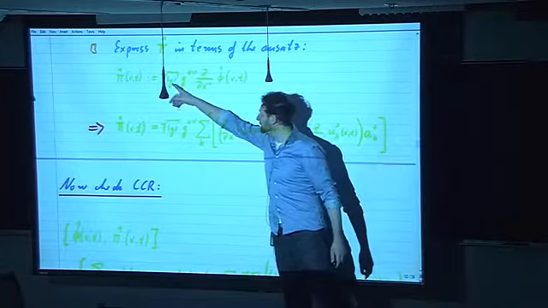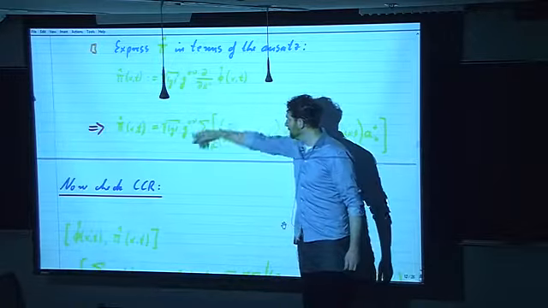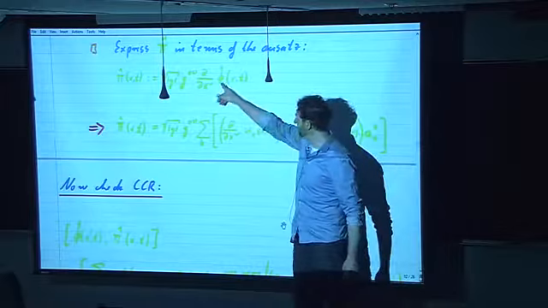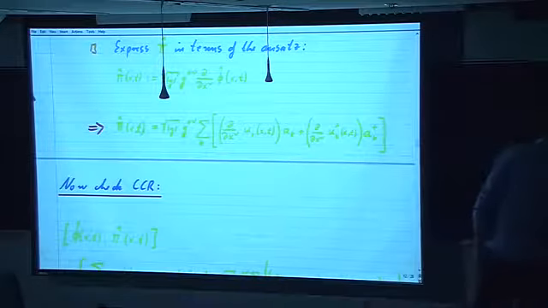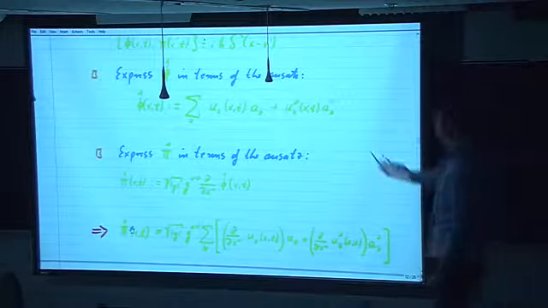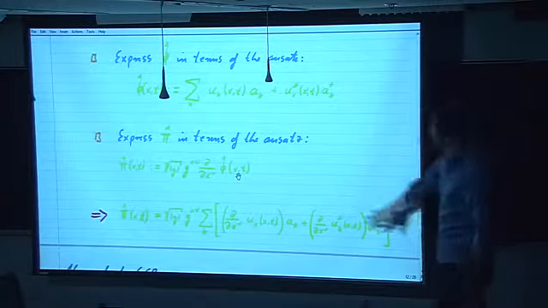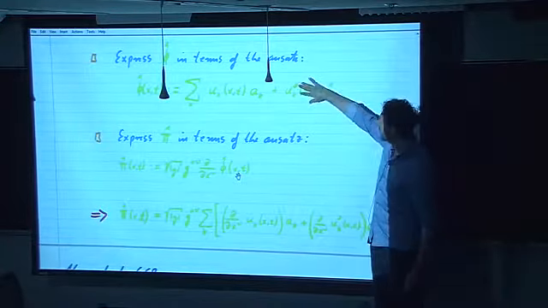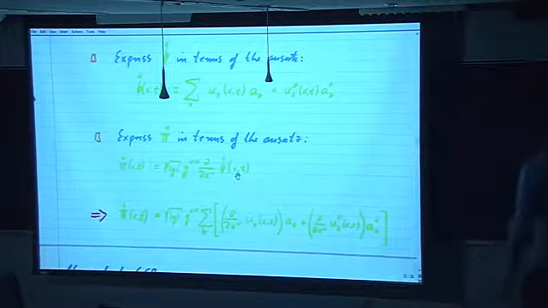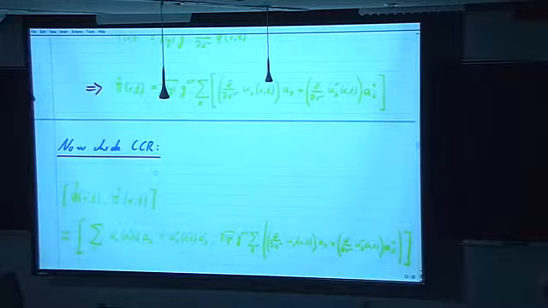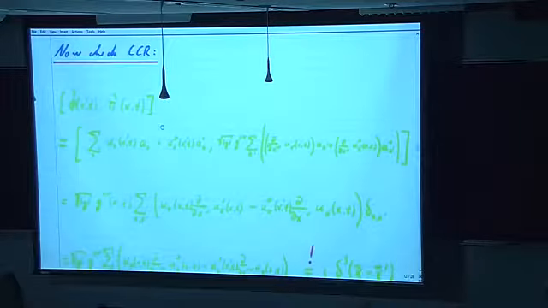This is just exactly the measure factor, the metric, and the derivative acting on phi expressed in terms of our ansatz. This one. Okay, so now we plug this and that into the canonical commutation relations up here in the top, and we obtain this messy thing here.